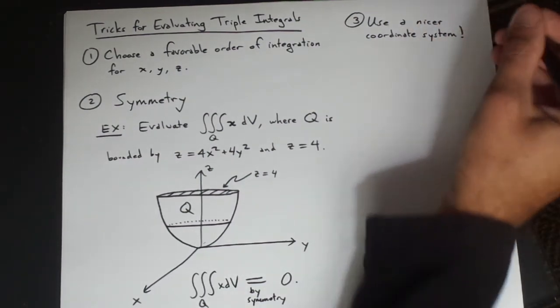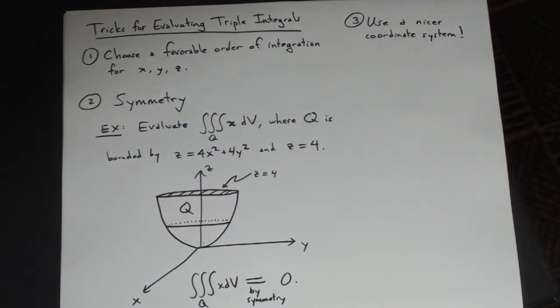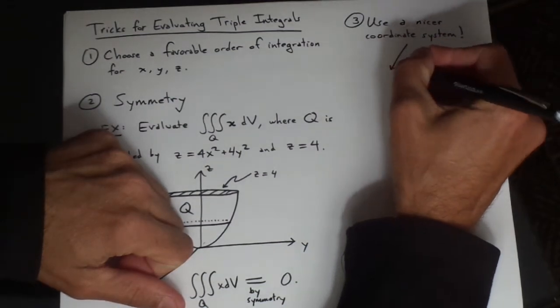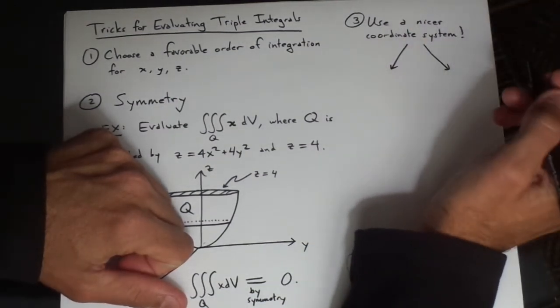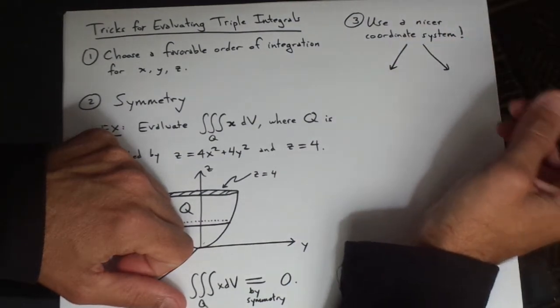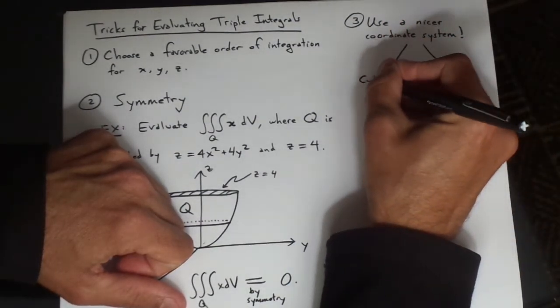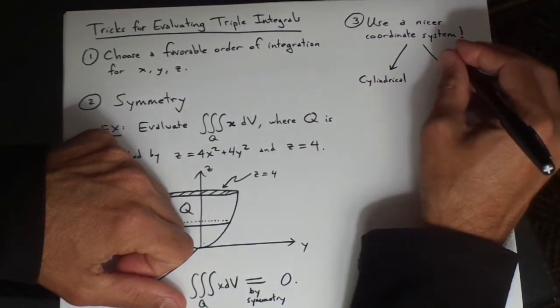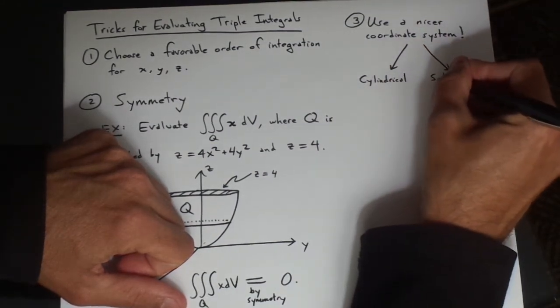In the case of a double integral, we sometimes replaced our Cartesian xy integration with a polar integration using r and theta. In the case of triple integrals, of course, we're talking about 3D coordinate systems. And there are, as you recall, 2 of those. We have a cylindrical coordinate system, and we have a spherical coordinate system.